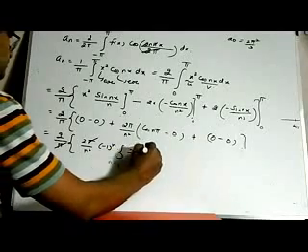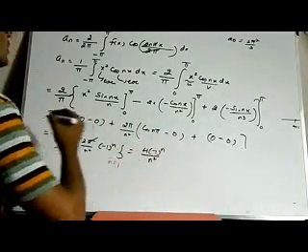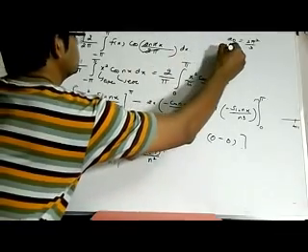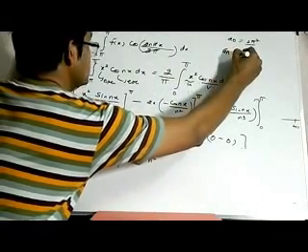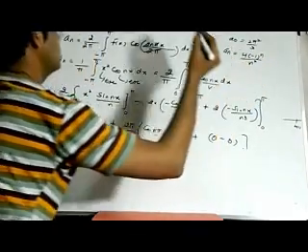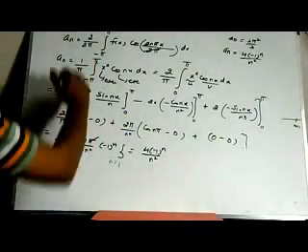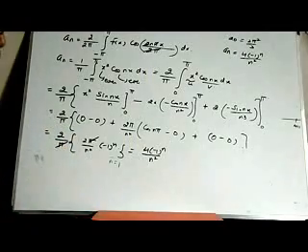So it is 4 times (minus 1) to the power n by n square. So your an is 4 times (minus 1) to the power n by n square. So these are the calculations of an.